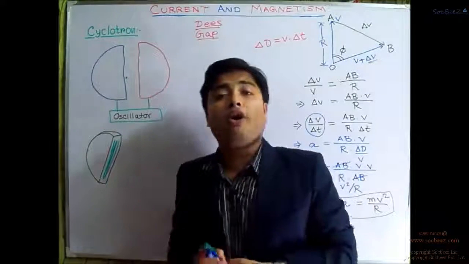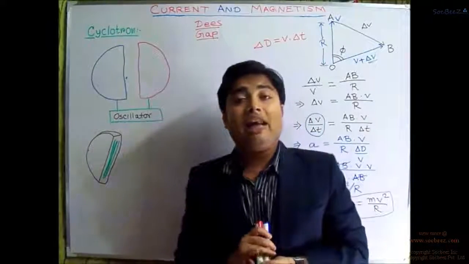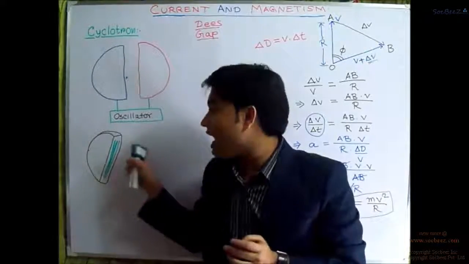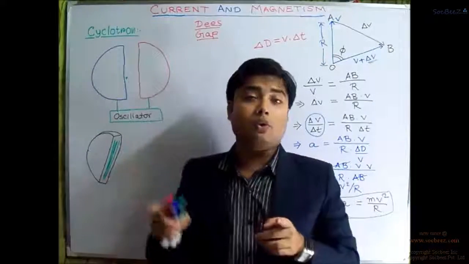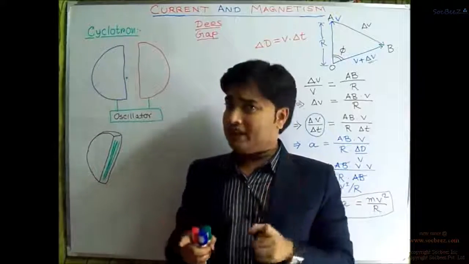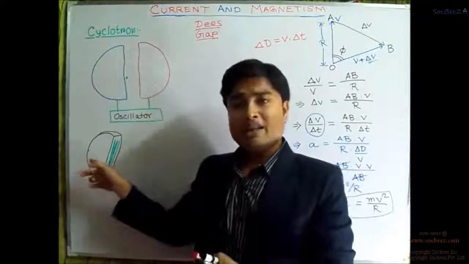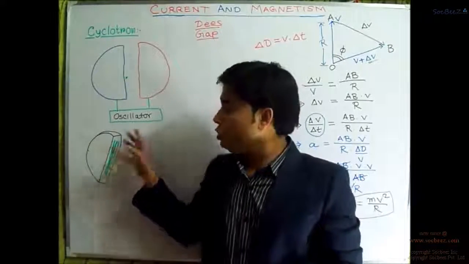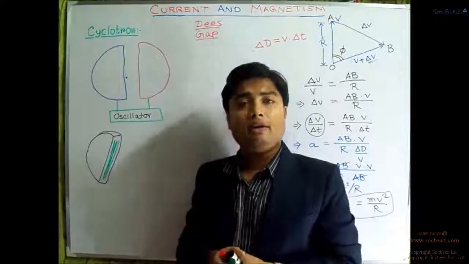And there's an important concept that the electrostatic field inside a conductor is zero. So if something is inside it, the electrostatic force would not be able to be applied on it.